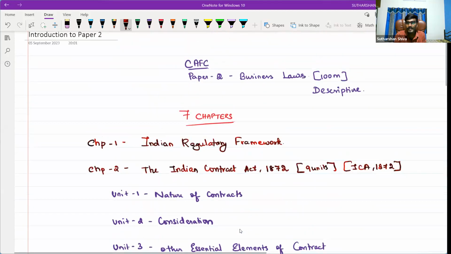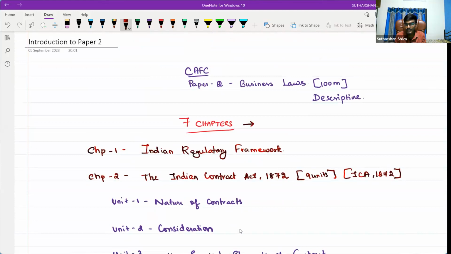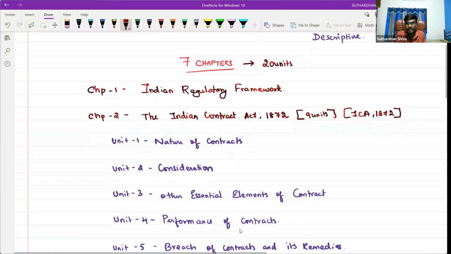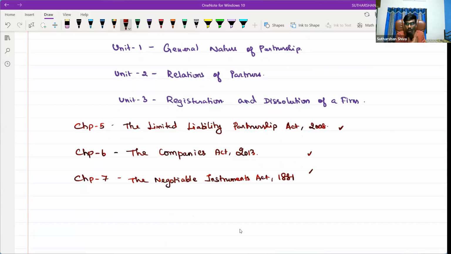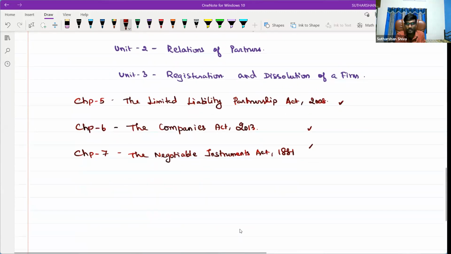So in 7 chapters, you are going to learn an extract of 20 units. Out of which the Indian Contract Act is going to be a very big Act, and your major focus is on the Indian Contract Act. So this is the entire discussion on law, paper number 2, Business Law.